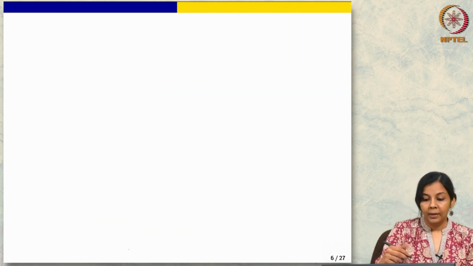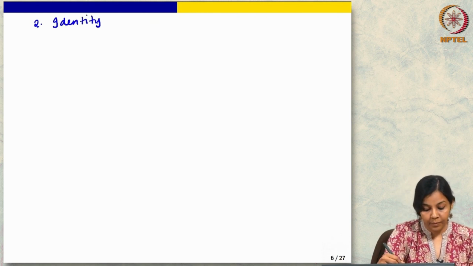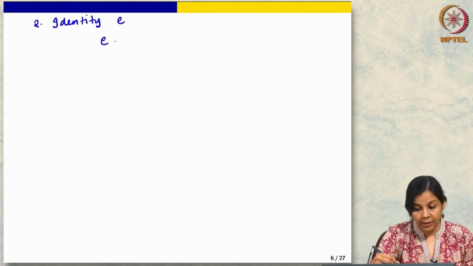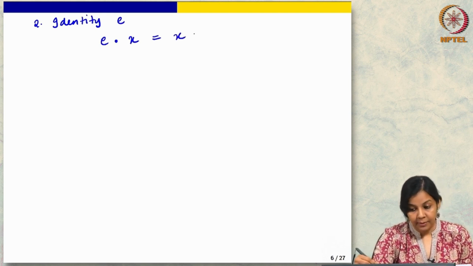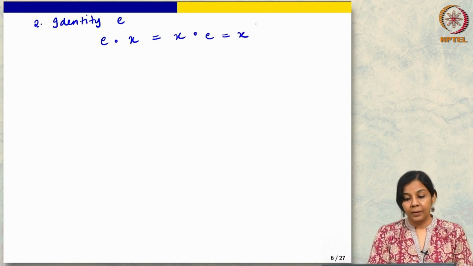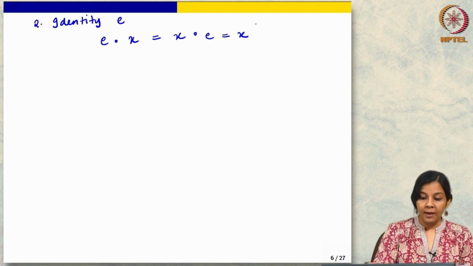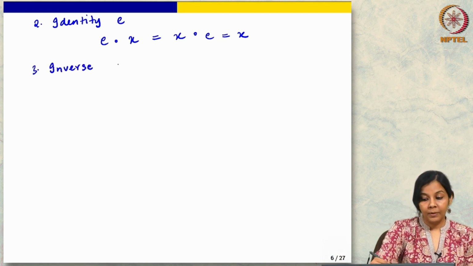associativity. There is identity. Okay, so that E, E times X is X times E is X. There is inverse, right.